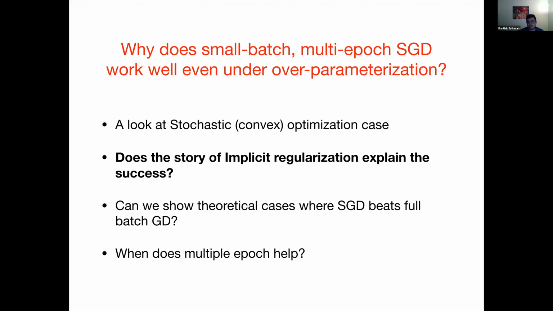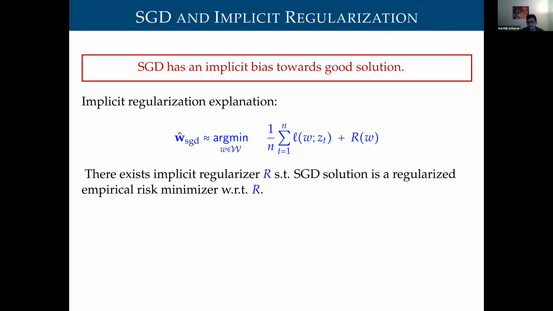What these works claim is that there is an implicit regularization, meaning that there is some function R such that when you run this algorithm, while it's not explicitly doing it, its solution is equal to the solution of this problem in blue that's shown here. This R is called implicit regularization because we are not explicitly trying to solve this minimization problem, but the claim is that SGD is magically doing it on its own. Hence it's called implicit regularization.